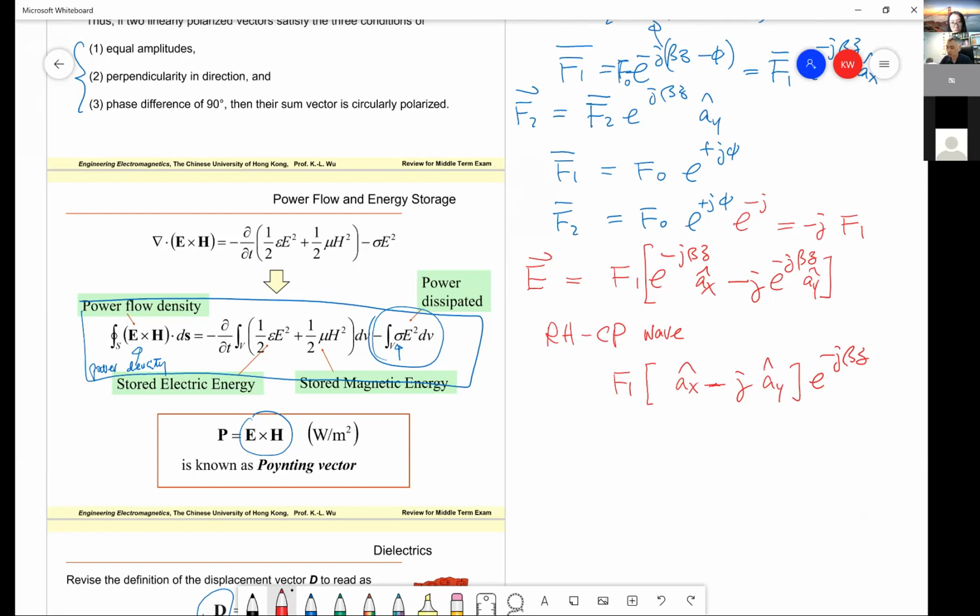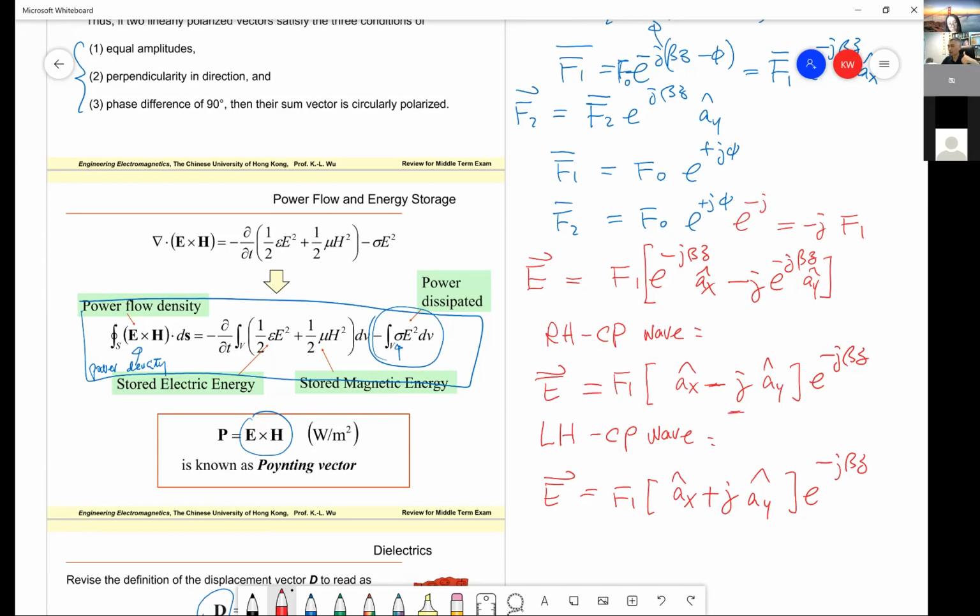Similarly, you can prove the left-hand circularly polarized wave. I can write this E field, if this is F1 plus j, so this becomes a left-hand circularly polarized wave. The only difference is the phase.